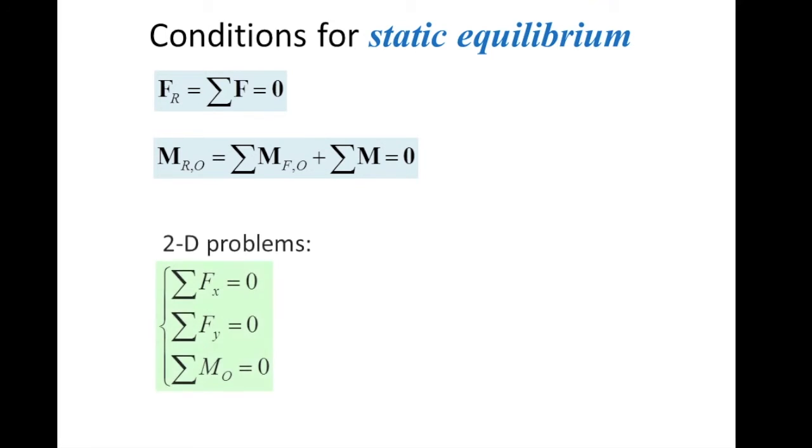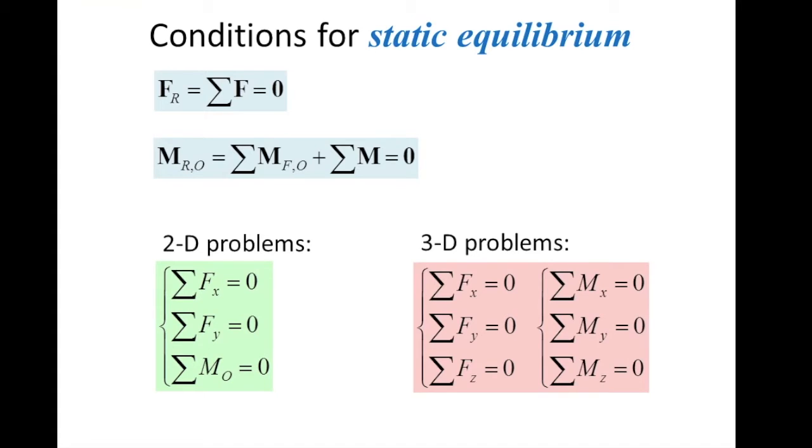For a 2D problem, these two vector equations can be rewritten into 3 independent scalar equations. Normally these 3, but it doesn't have to be. For a 3D problem, the vector equations become 6 scalar equations.